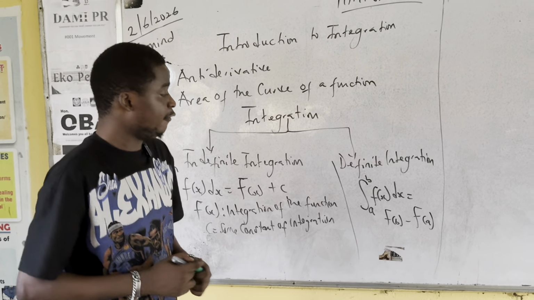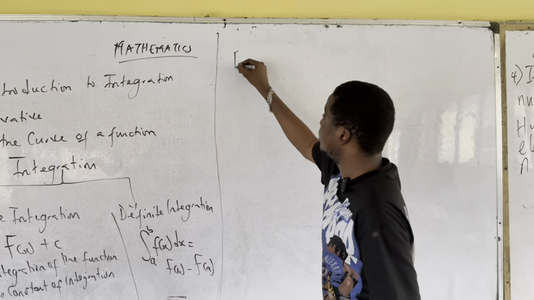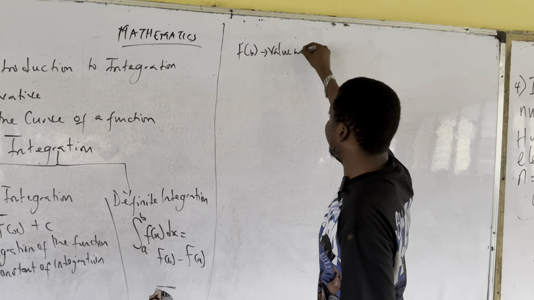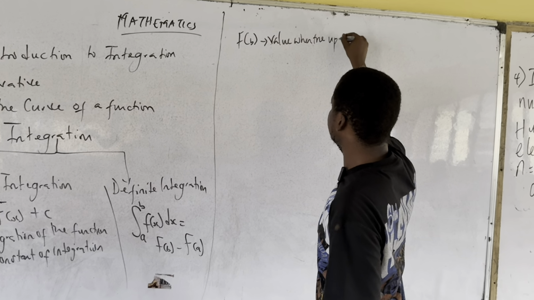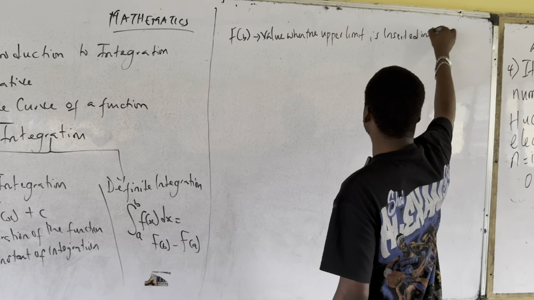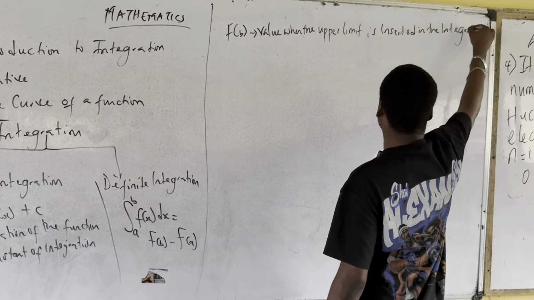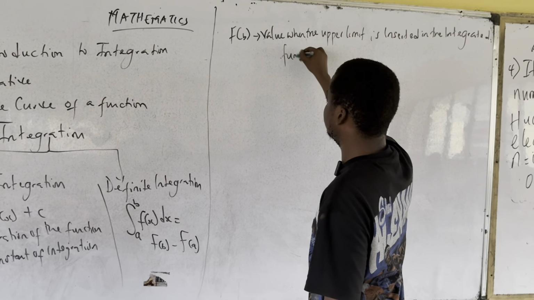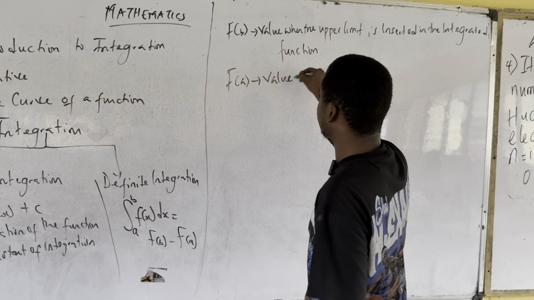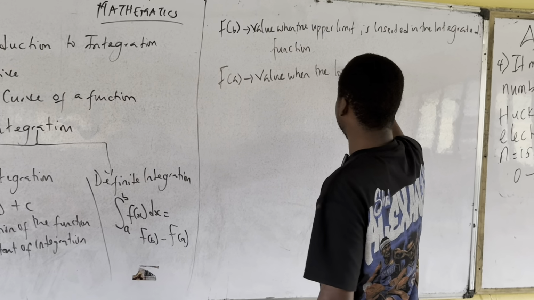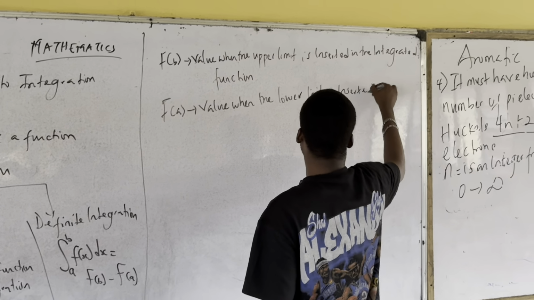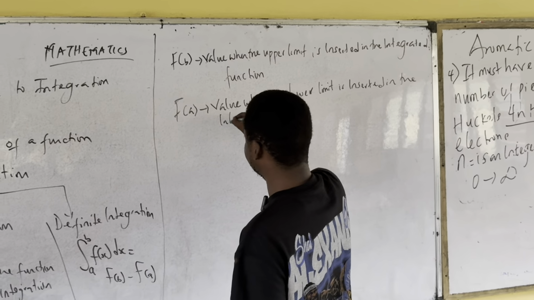F of b is the value when the upper limit is inserted in the integrated function, while F of a is the value when the lower limit is inserted in the integrated function.